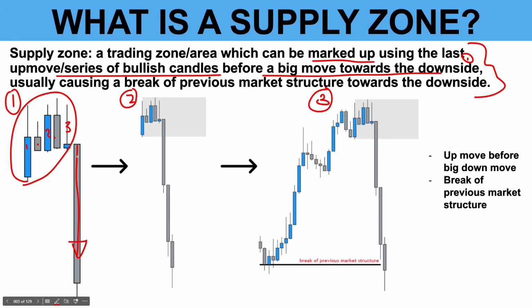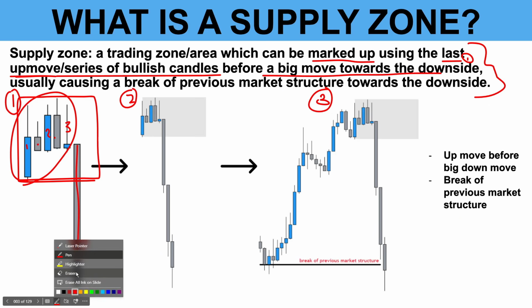Therefore, this combination or this series of candles and this final up move, if we go back to the definition, this last up move, this area is what our supply zone is, and this is how we mark it up. This is what we mark up as our supply zone. As we follow the definition, it says a supply zone is a trading zone or area which can be marked up using the last up move or series of bullish candles before a big move towards the downside.